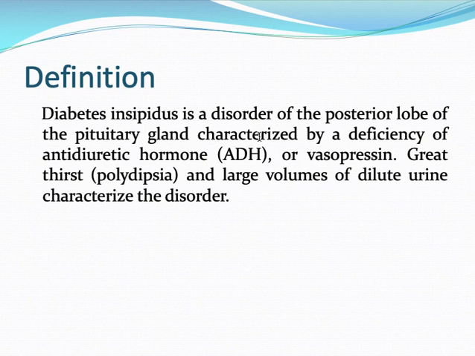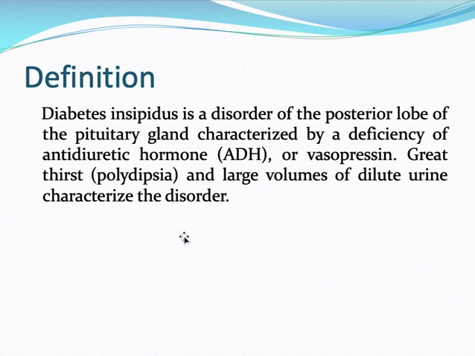So, as you know, what is the function of ADH? It is anti-diuretic hormone, which means whenever this hormone is released from the pituitary, it is going to stop the formation of urine, or simply conserve the water inside the body.